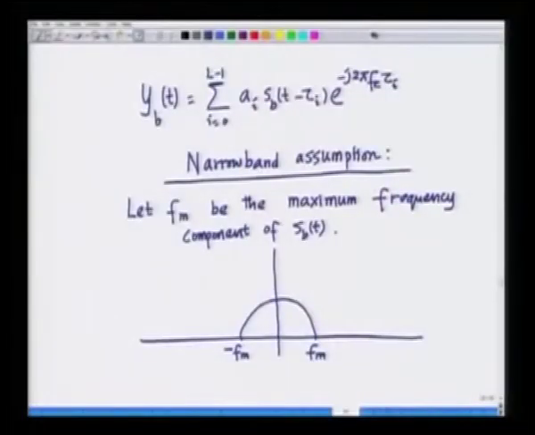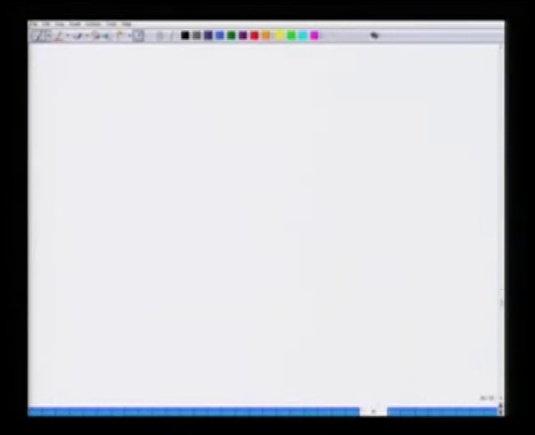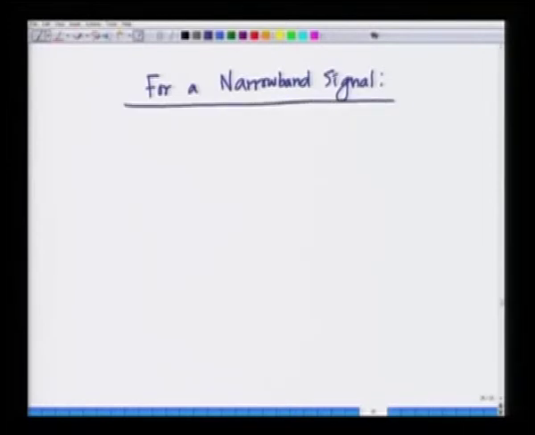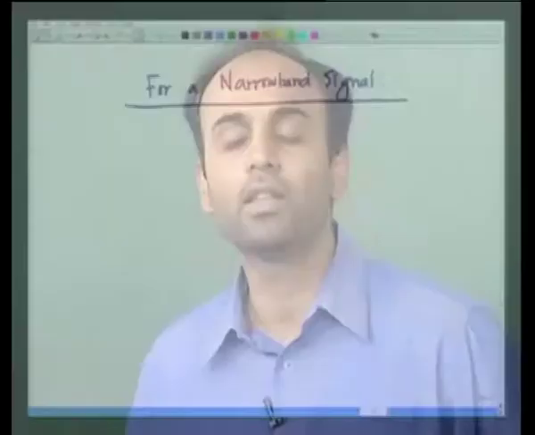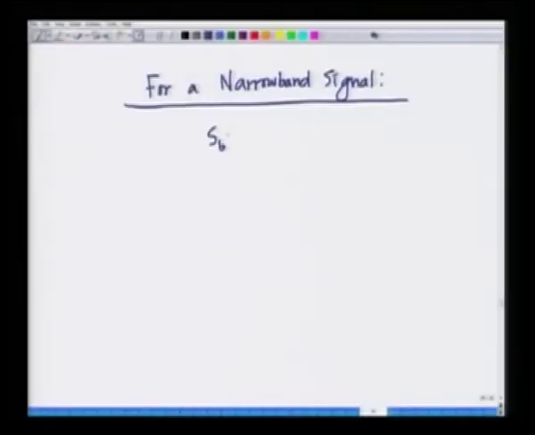Now, coming back to my baseband system model, which is y B of t equals a I s B of t minus tau I e power minus j 2 pi f c tau I. In case of a narrow band signal, a simplifying assumption that can be made is s B of t minus tau I is approximately equal to s B of t.